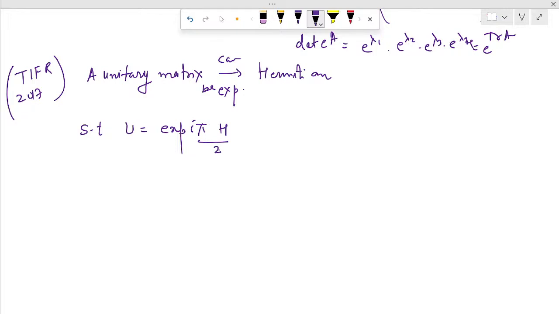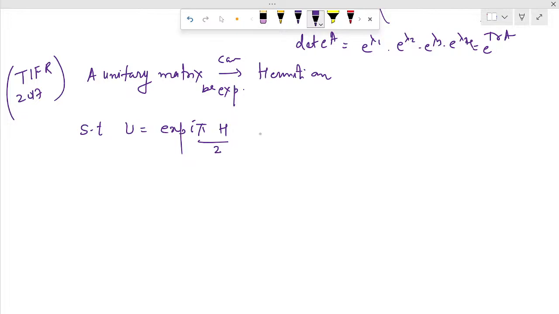So they have written that your unitary matrix can be written in terms of a Hermitian matrix, which indeed is one of the theorems also. I'm going to discuss it in detail in linear algebra, but right now just focus on this particular question. It says a unitary matrix can be written in terms of a Hermitian matrix, and U is given by e to the power iota pi H by 2.